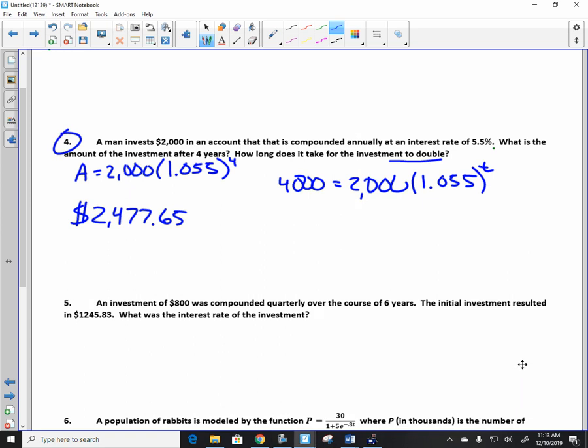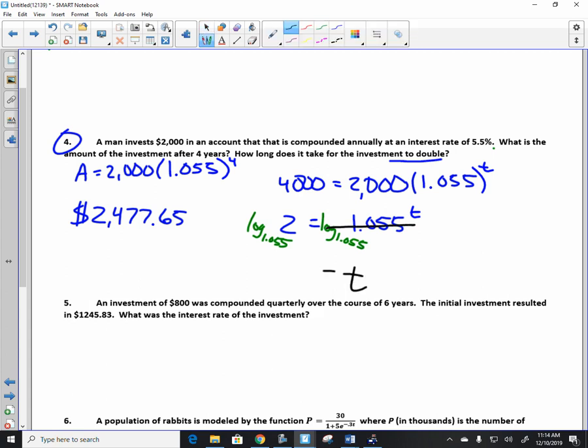Anybody think they got the answer for the second question? Excellent work. We divide by 2,000, we get 2 is equal to 1.055 raised to the t power. I have to get rid of the 1.055. I do that by taking the log base 1.055 of both sides. What happens is on the right-hand side, those go away.